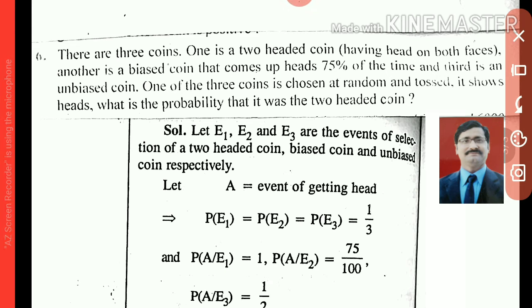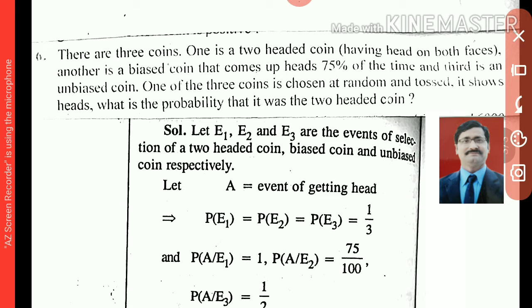Look at this question. There are 3 coins. One is a two-headed coin having head on both faces. Another is a biased coin that comes up head 75% of the times, and the third is an unbiased coin. One of the 3 coins is chosen at random and tossed, and it shows head.